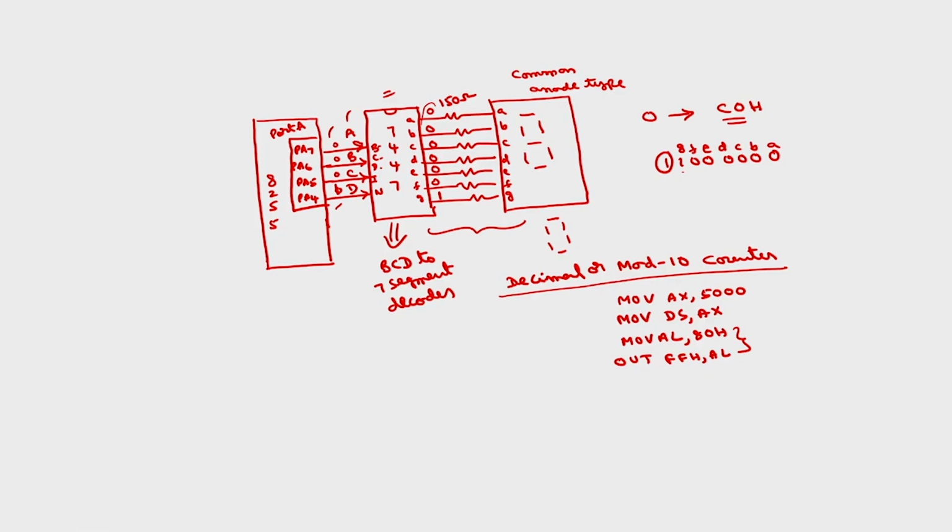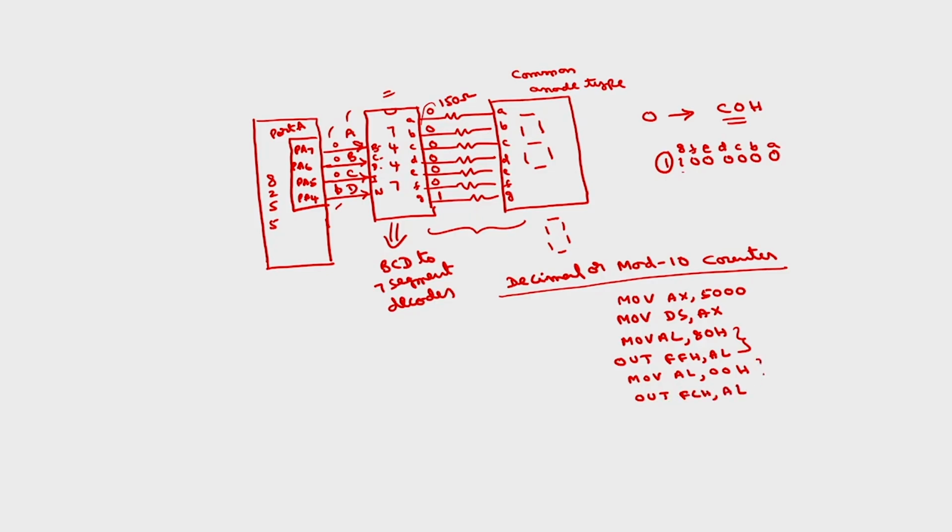Now, we have to display 0 0 0 0 on 7447, then 0 1 0 2 and so on. So, I am taking MOV AL comma 00H, OUT, this is port A address FCH, FCH comma AL.